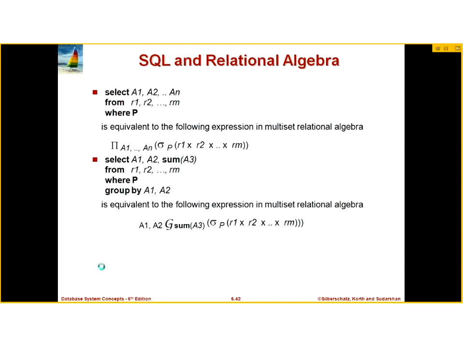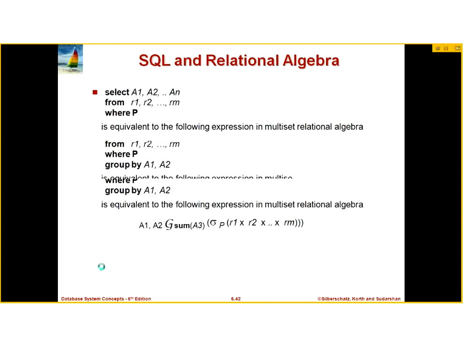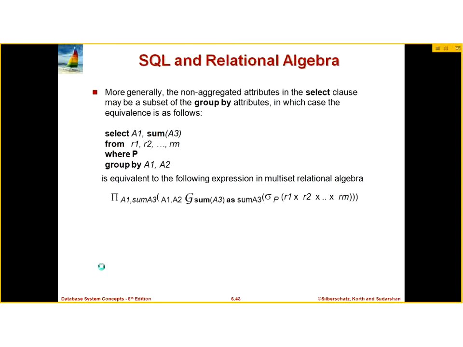So this can be written in this way, where you are using the aggregate operations as well. More generally, the non-aggregated attributes in the select clause may be a subset of the group by attributes, in which case the equivalence is as follows. Like, select A1 and sum of A3 from this where P group by A1, A2.